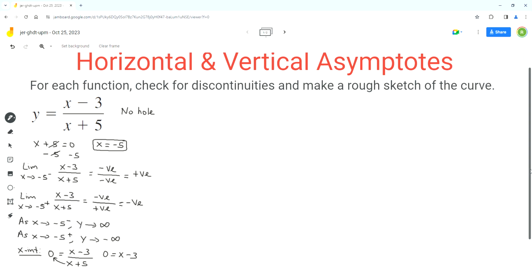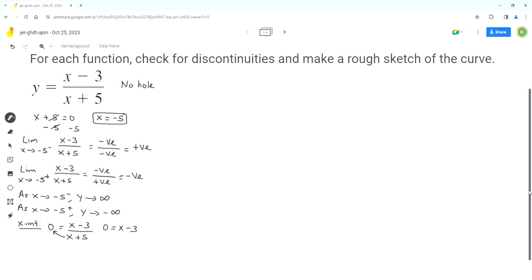Now we can isolate x by adding 3 to both sides. So the 3's on the right side will get cancelled out. So we get 3 equals x. That means our x-intercept is (3, 0). Now we can find the y-intercept for this rational function, and for the y-intercept we have to sub in x as 0.